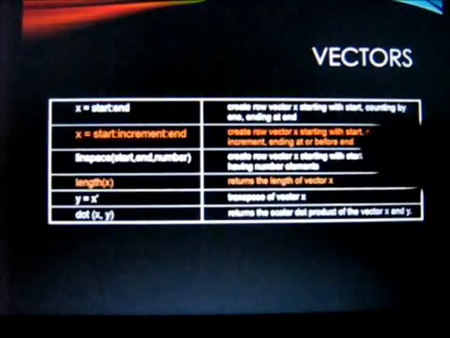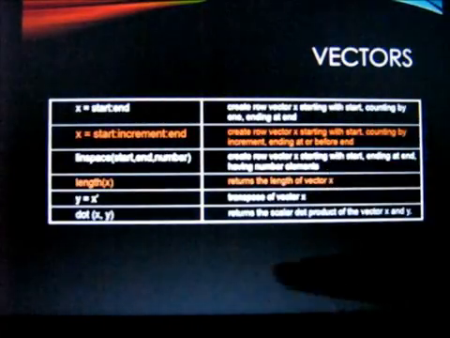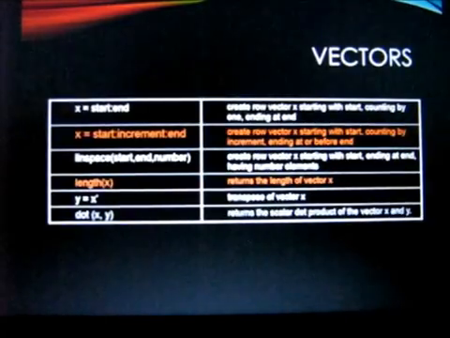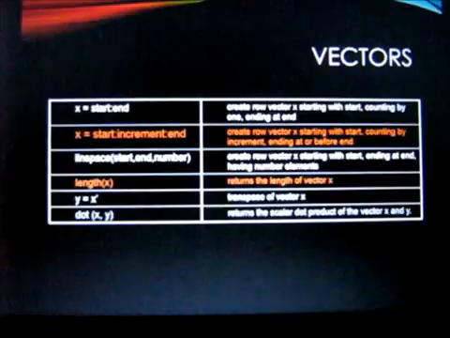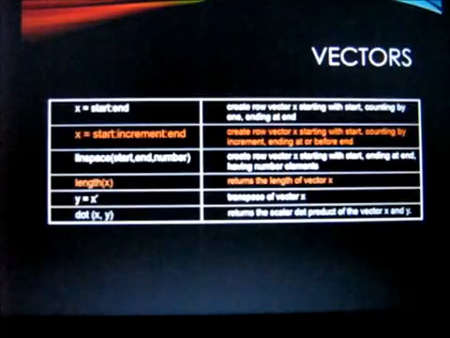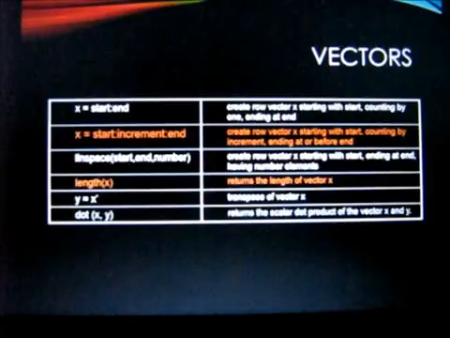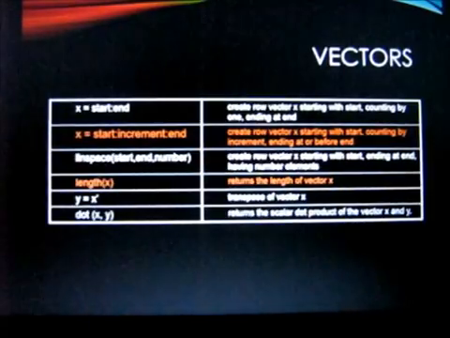It will create a row vector x starting with start and counting with the increment you want. linspace(start, end, number) creates a row vector x starting with start, ending at end, having that number of elements. length(x) gives you the length of the vector x. y equals x', the apostrophe, is the transpose of x. dot(x, y) returns the scalar product of vectors x and y.